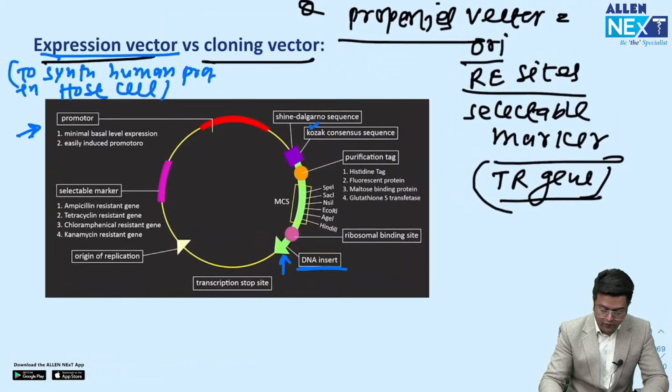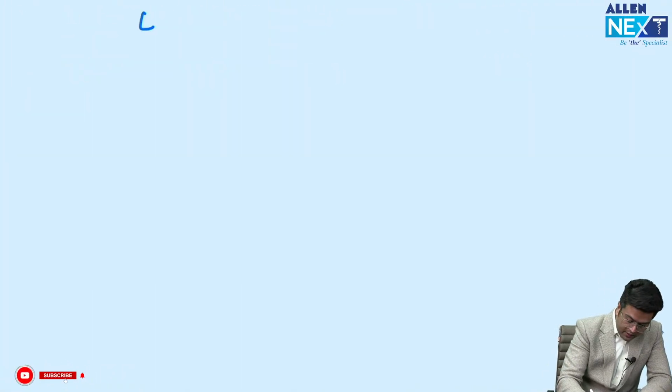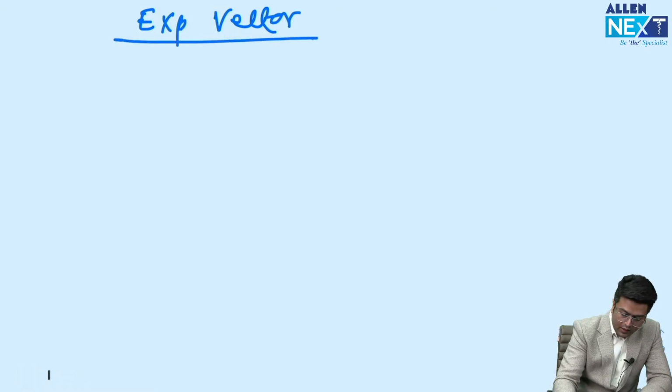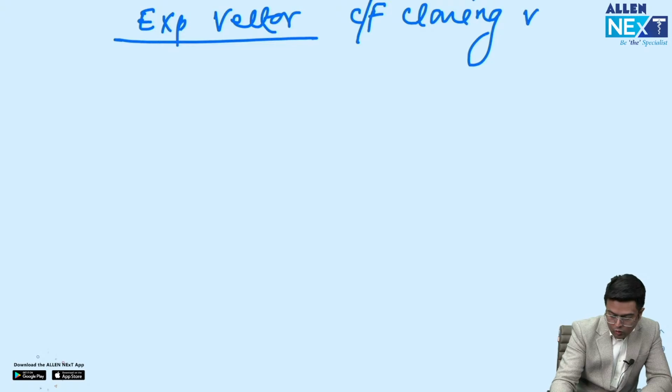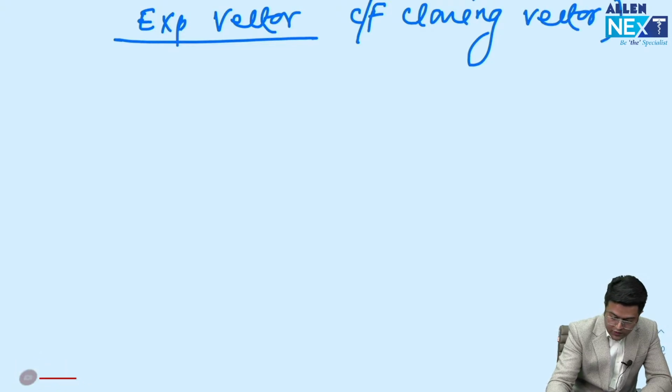So if we compare the expression vector with the cloning vector, guys, what is the difference?